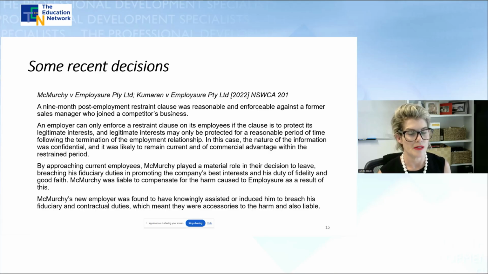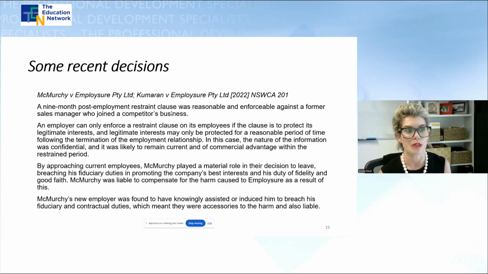And the court held, this is in New South Wales, so a more friendly jurisdiction for enforceability, that a 9-month post-employment restraint clause was reasonable and enforceable against a former sales manager who had joined a competitor's business.